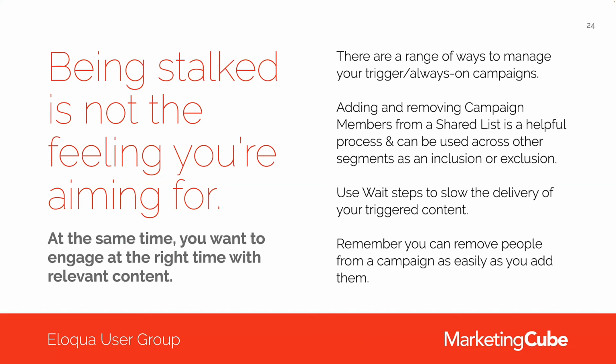From time to time, we will use that as an exclusion on other campaigns. So if somebody's currently going through that particular campaign, we don't want to bombard them necessarily with other information at the same time. That can be a really helpful way to slow down a little bit if you feel you need to, or not to overwhelm people considerably.